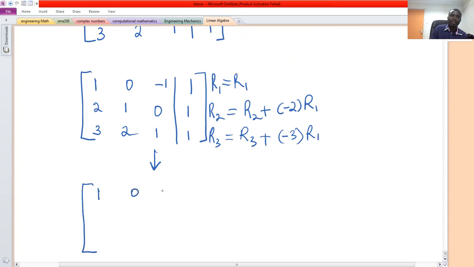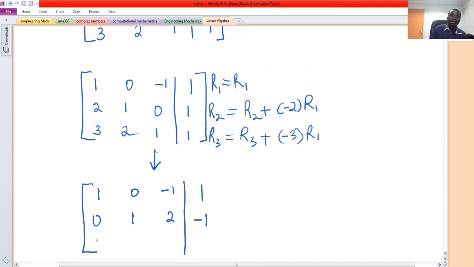So that computation will lead us to 1, 0, -1, 1. 2 times 1 plus -2 times 1 is 0. 1 plus -2 times 0 is 1. 0 plus -2 times -1 is 2. And then 1 plus -2 times 1 is -1.